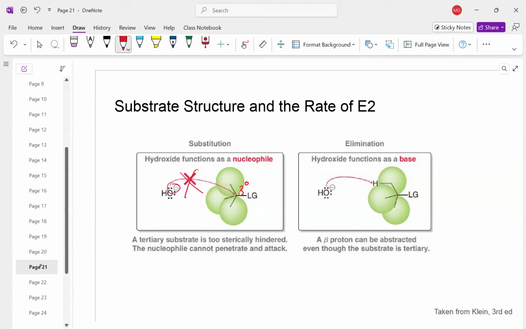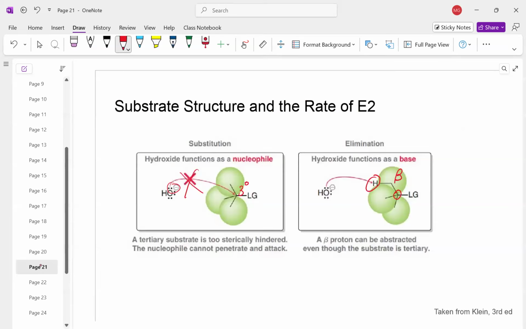But E2 actually happens very quickly and very prevalently if, instead of being a nucleophile, let's say hydroxide here acts as a base, it has a much easier time getting to a beta hydrogen than it does trying to get to that carbon with the leaving group.